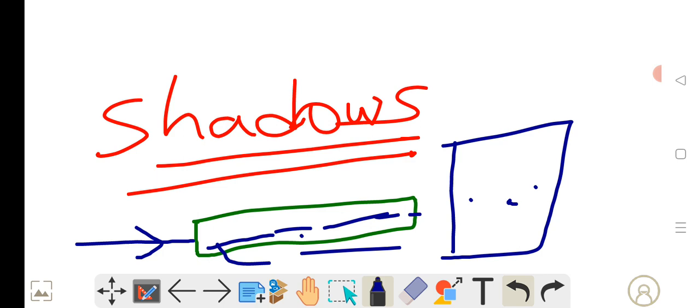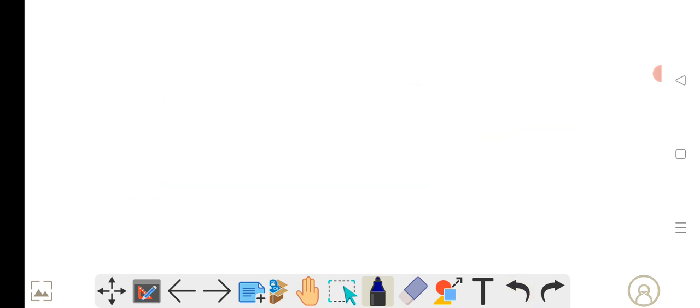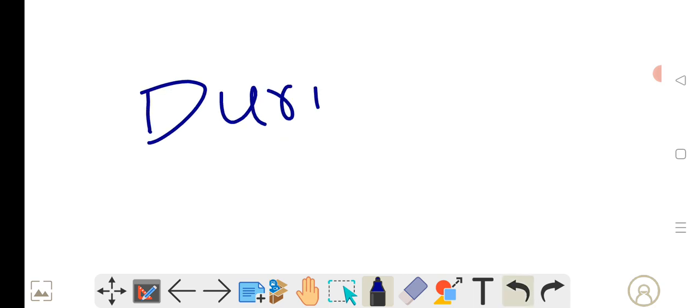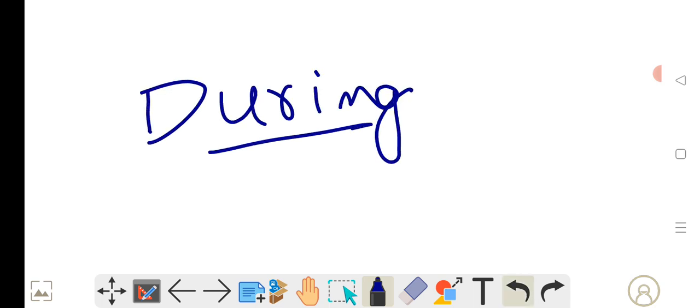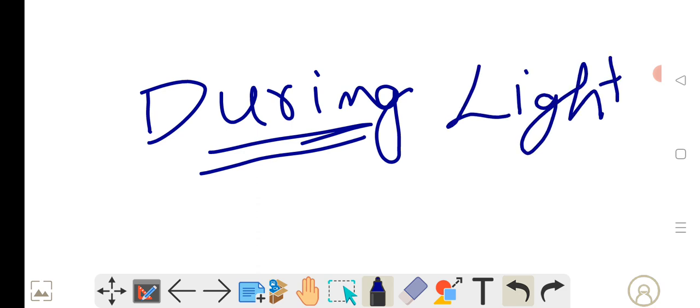You can see it in real life also. Yes or no? During mornings, evenings or afternoons, when there is light, if you are standing in the path of the light, your shadow will be formed on the ground.